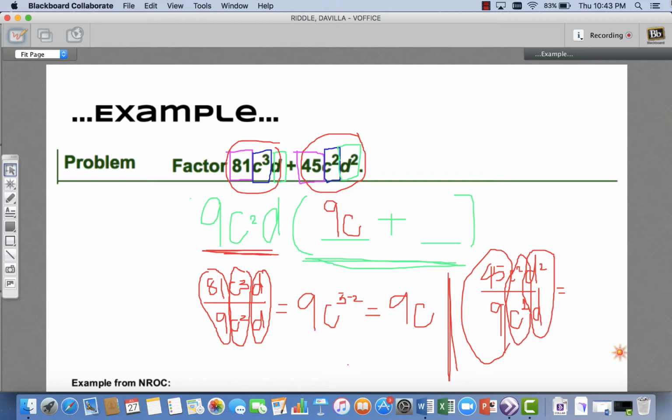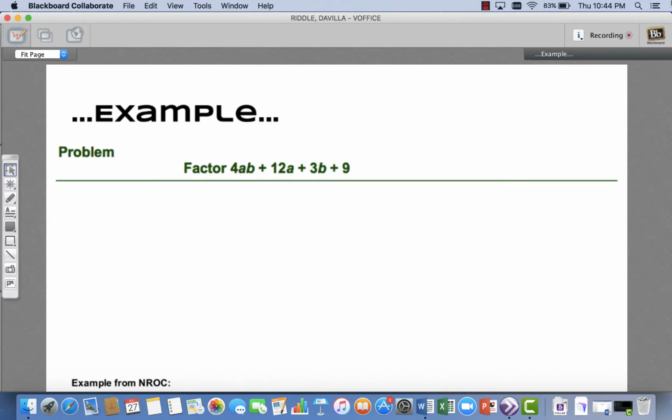C squared divided by c squared is just 1, so this cancels out. 45 divided by 9 is 5, and then we have d to the 2 minus 1, which just gives us 5d. Does this make sense, Kyle? So you always want to divide each of your terms in the parentheses by the factor that you pull out right here in the front. Okay, awesome. Is it okay to continue forward now, or do you have any questions or need any clarification?